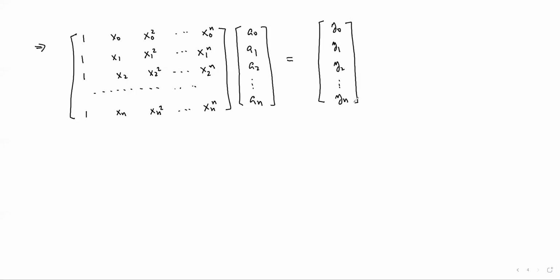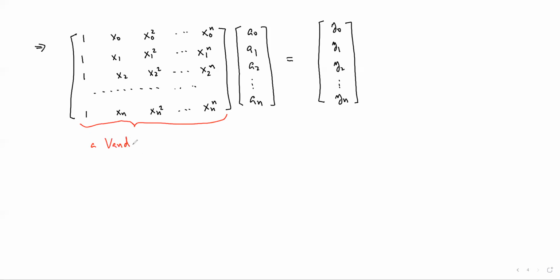This linear system has only one solution. Why? The coefficient matrix of this form, actually, we have a name for this matrix. It is the Vandermonde matrix.